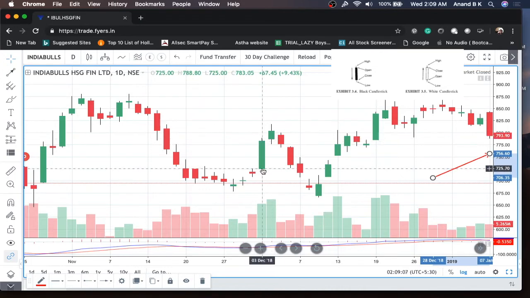If someone bought the stock as the market opened and sold it as the market closed, they would have made a significant profit from 725 to 783, which is approximately about 50 rupees, if I'm considering 785 as the close.